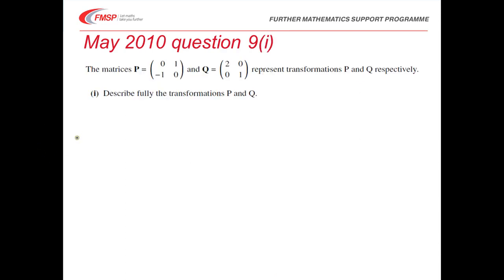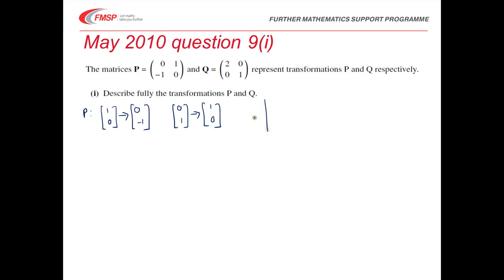Okay, describing our transformations. So the matrix P maps 1, 0 onto the first column, 0, minus 1, and it maps 0, 1 onto the second column, 1, 0.